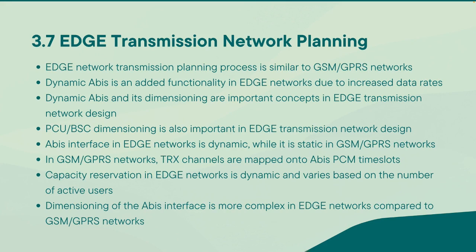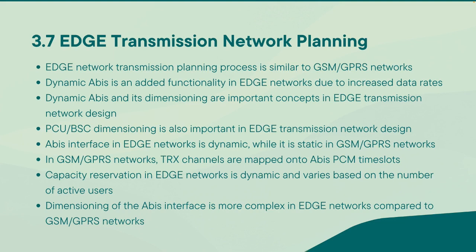And let's move on to 3.7. It's the H transmission network, or we call it the E network. The H network transmission planning process is similar to the 2G or 2.5G network also. In this point we're talking about the dynamic Abis, the functionality that we add into the H network to increase the data rate.